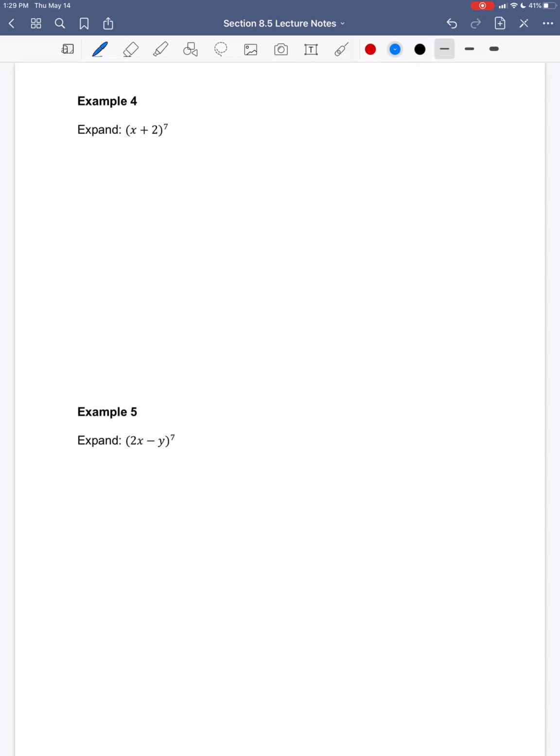What if I have something like x plus 2 to the 7th? Well, I still just think of it as a plus b to the 7th at the beginning. And so I'm going to need to know what 7 choose 0 is. That's just going to be 1. I need to know what 7 choose 1 is.